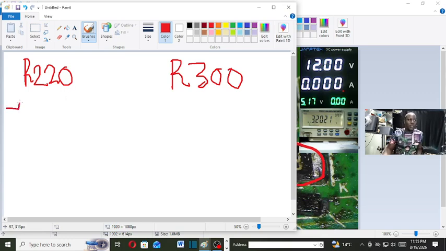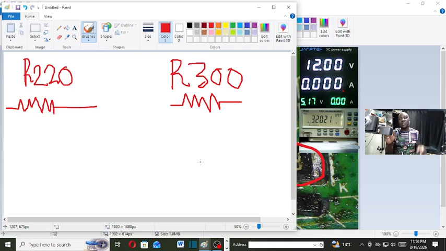okay, the resistor in a circuit is like this. This is a symbol for resistor, just to restrict the flow of current in a circuit, or to limit, I don't know how you express it.